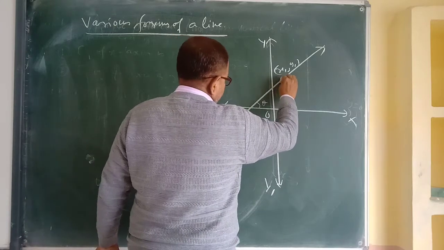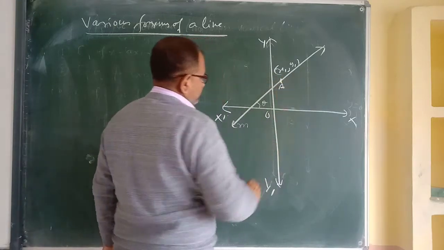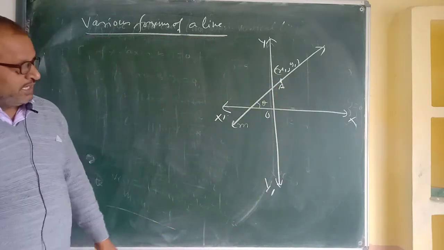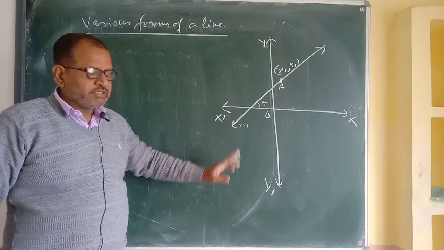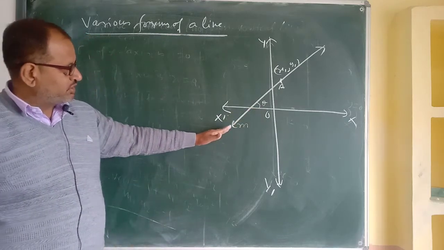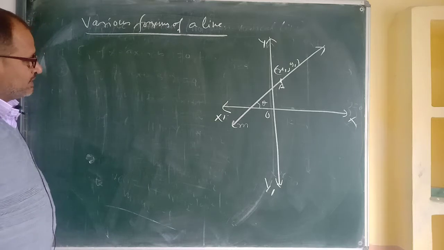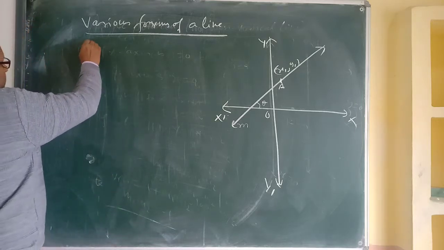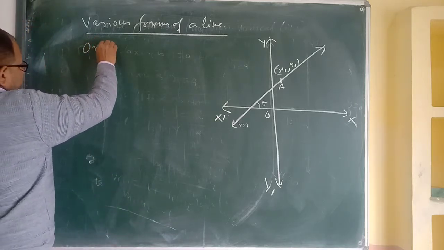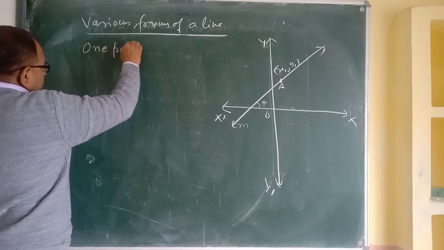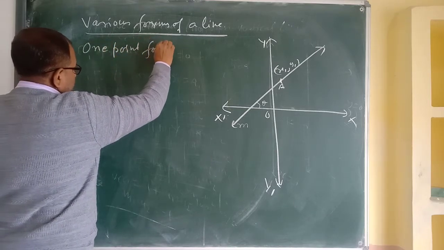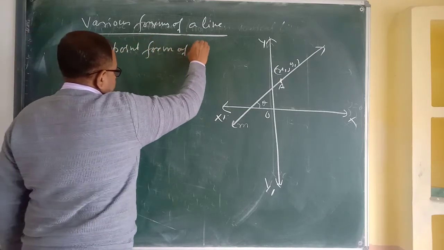It passes through one point x1, y1, having inclination theta and slope m. So what is the equation of the line? You have studied in the previous classes. One point form of the line.